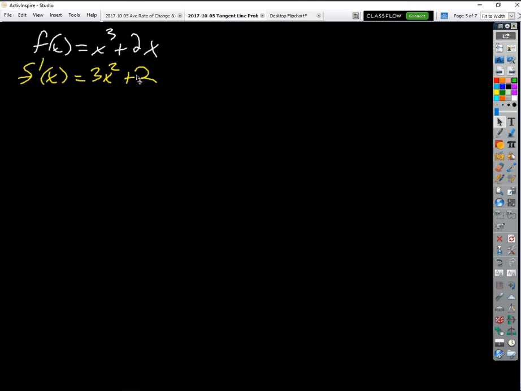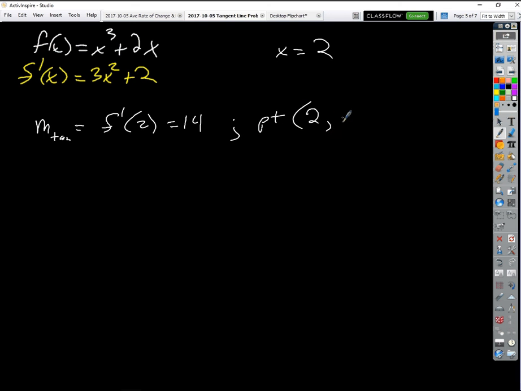Okay, so there's our function and our derivative, and we want to find the slope of the tangent line at x equals 2. Well, the slope of the tangent then is just f prime of 2, which we said is 14, right? 3 times 4 is 12 plus 2 is 14. And a point on our curve is at 2, f of 2, right? What's f of 2? 12? Is that right?